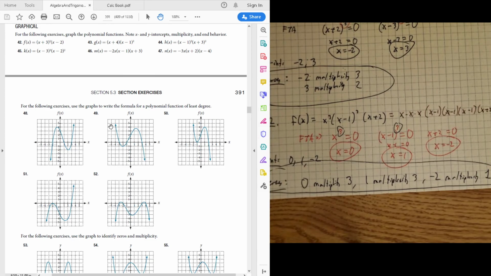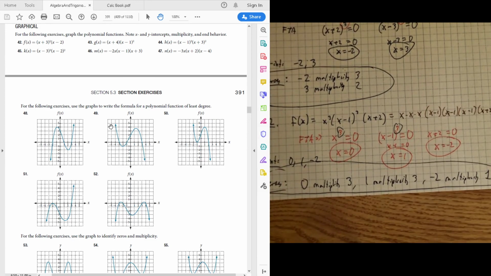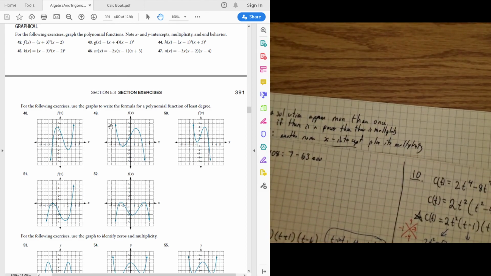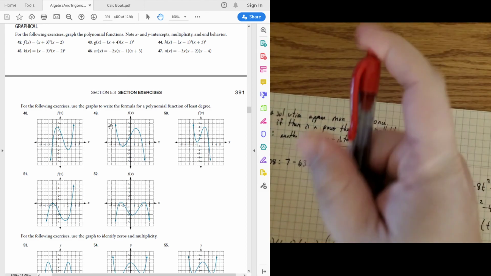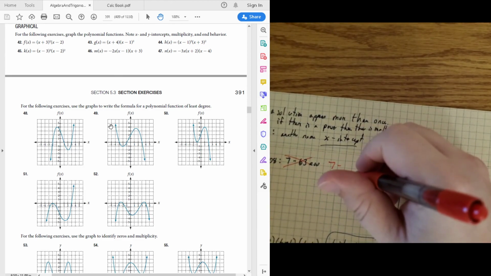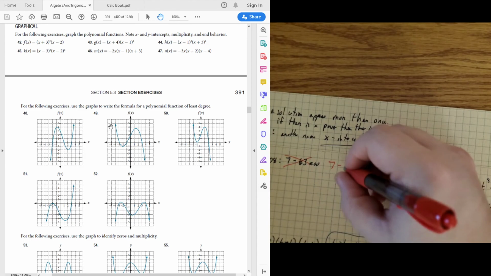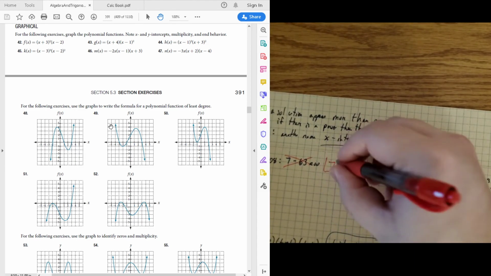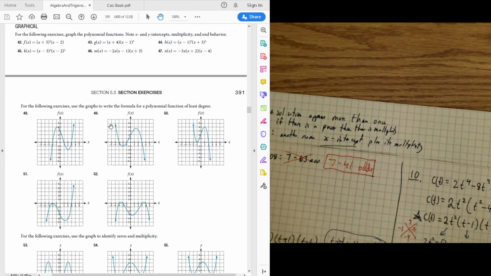Our homework assignment was 7 through 63, every other odd. Instead of doing that, I'm going to make an adjustment to your homework assignment. Instead of doing 7 through 63, every other odd, I'm going to do 7 through 41 odds. We need the extra practice, so we're going to do that instead.